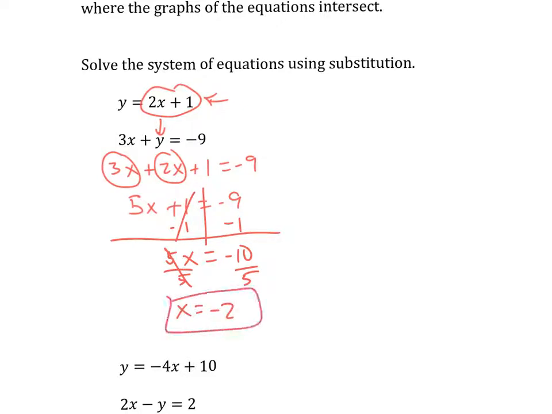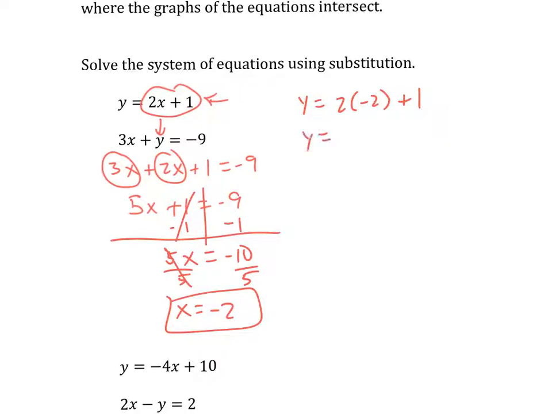Okay, and now that we know what x is, we can substitute that negative 2 into one of our equations for x and then solve for y. Okay, the first one is going to be easier to substitute into because it's already solved for y. So we can just say y is equal to 2 times negative 2 plus 1. And now we just simplify everything to figure out what y is equal to.